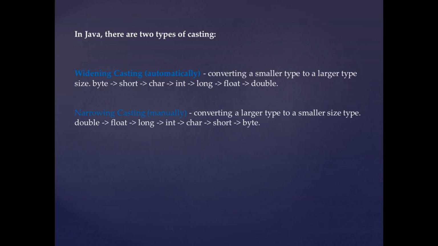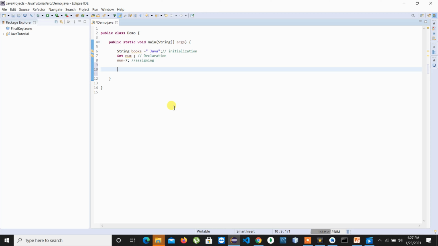So how can we achieve narrowing casting? Let's get started with an example. First of all, I'll take an integer, int num equal to, for example, 8.